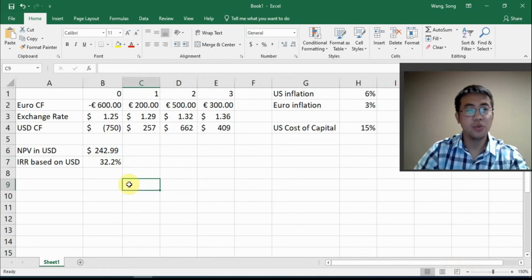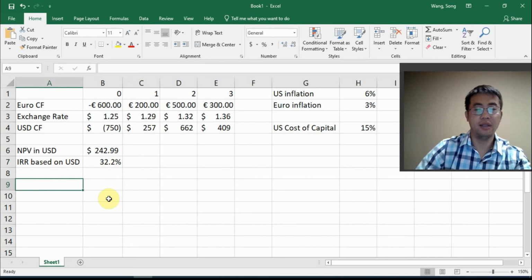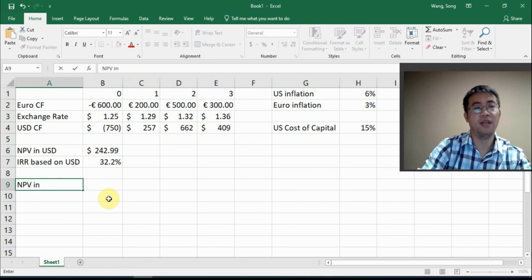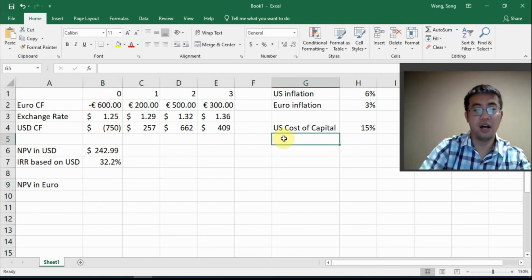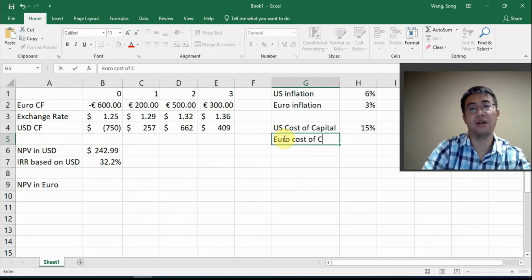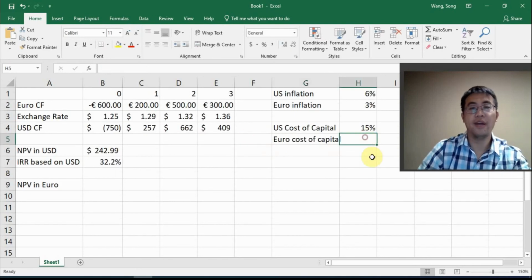All right, so this is something I would ask of you, but you have another way to do it, and that other way is also required. You can calculate the NPV in euro. If you want to calculate the NPV in euro, you don't have the cost of capital in euro terms. You don't know what that is.